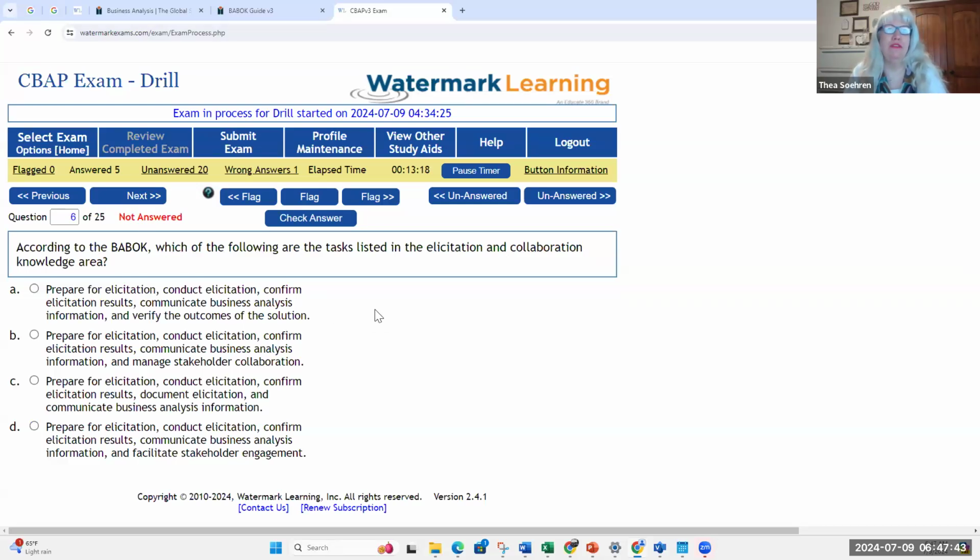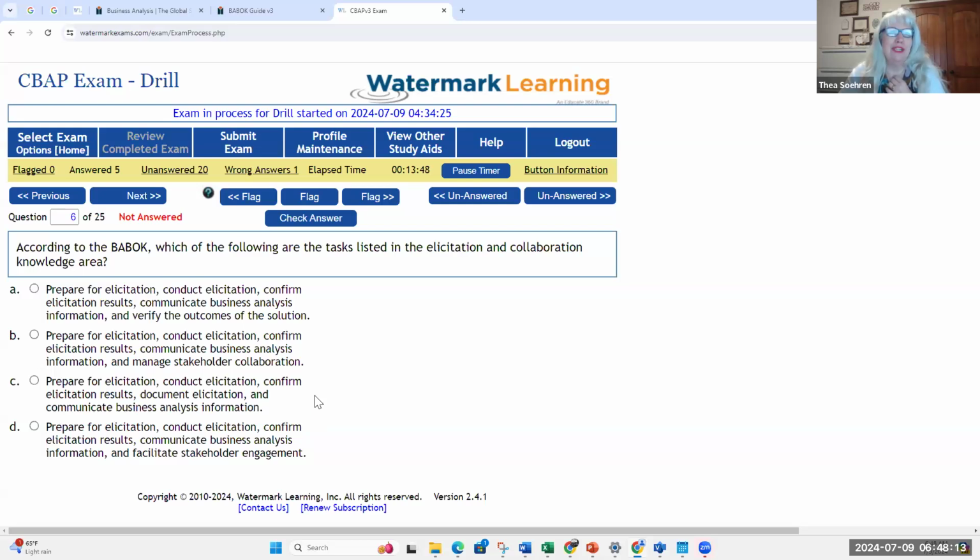According to the BABOK, which of the following are the tasks listed in the elicitation and collaboration knowledge area? Okay, list of tasks. Prepare for elicitation, conduct elicitation, confirm elicitation results, communicate business analysis information, and verify the outcomes of the solution. Prepare for elicitation, conduct elicitation, confirm elicitation results, communicate business analysis information, and manage stakeholder collaboration.